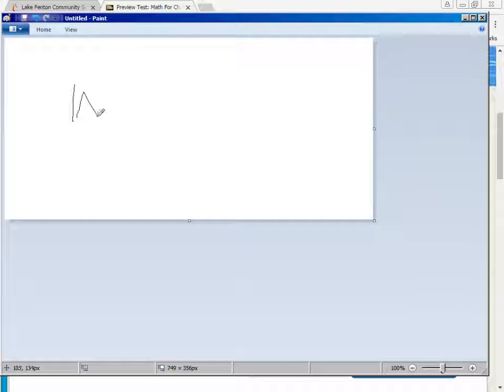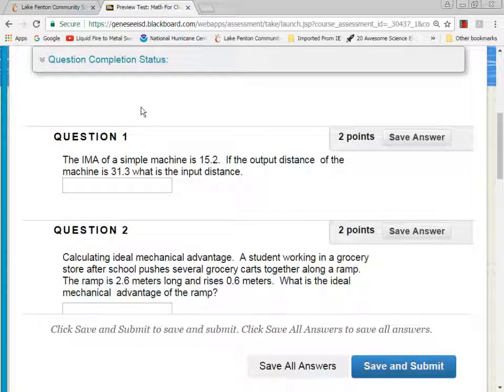IMA, and we did this, equals input distance divided by what? Output distance, right? I guess it would be ID over OD.